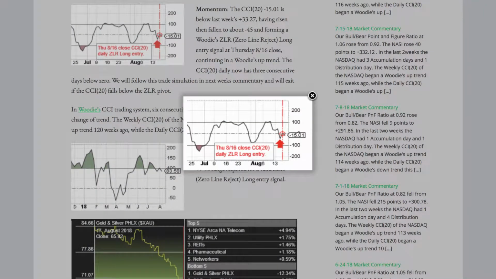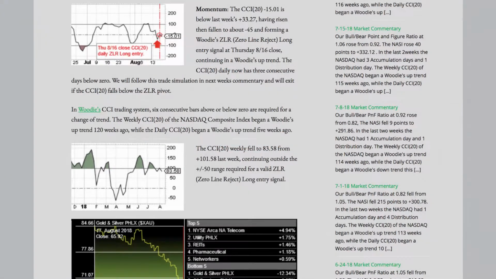Momentum. The CCI 20 daily is at a negative 15.01, below last week's positive 33.27, having risen, then fallen to about negative 45, and forming a Woody's zero-line reject long entry signal at Thursday 8/16 close, continuing in a Woody's uptrend.